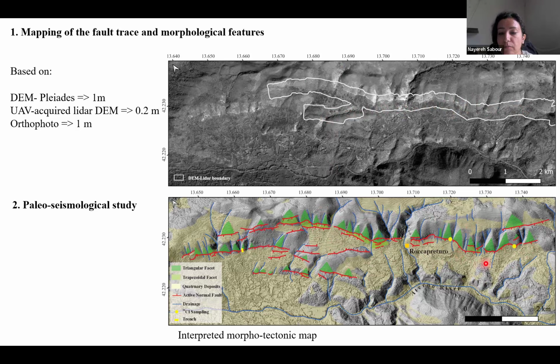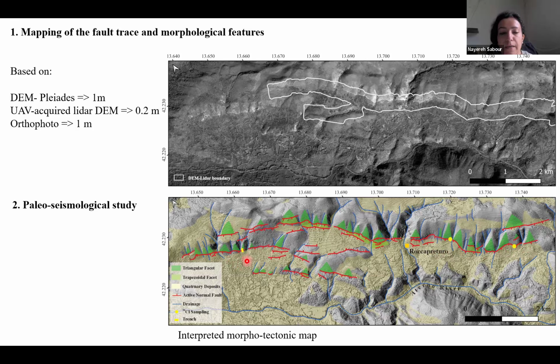And the yellow circles show the places where we have 36 sampling sites, and the yellow rectangles show the paleoseismological trenches that we have.